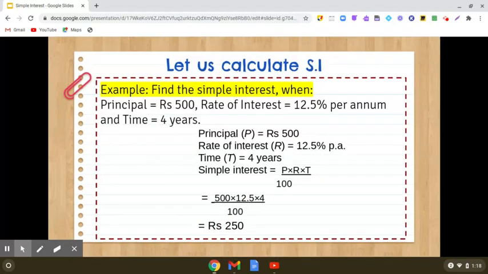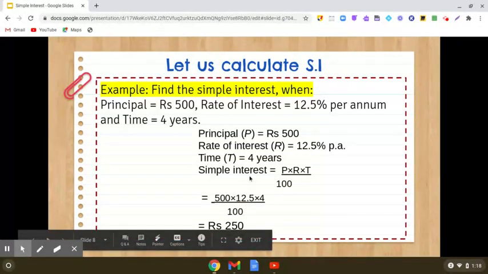Find the simple interest when principal is rupees 500, rate of interest is 12.5% per annum, and time is 4 years. Very simple. So we use the formula SI is P into R into T by 100. So 500 into 12.5 into 4 divided by 100.